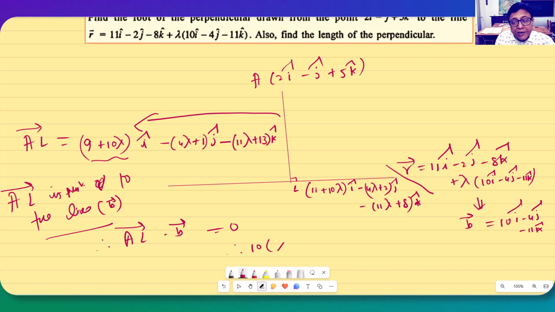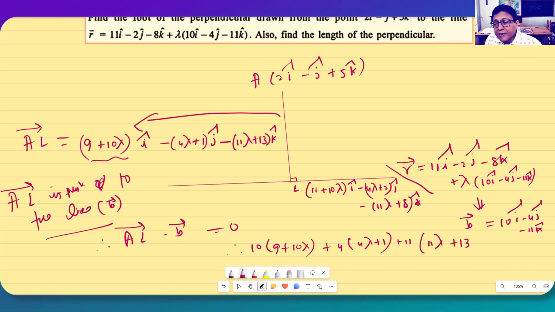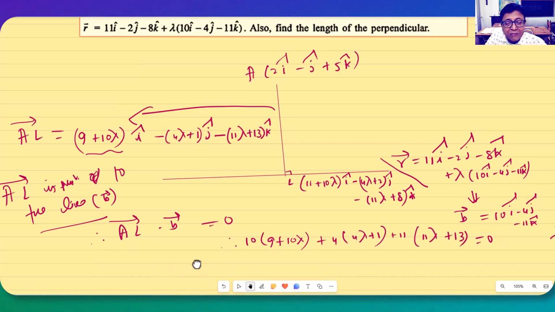So 10 into 9 plus 10 lambda, plus 4 into 4 lambda plus 1, minus 11 into minus 11 lambda plus 13, equal to 0. Solve for lambda from here.